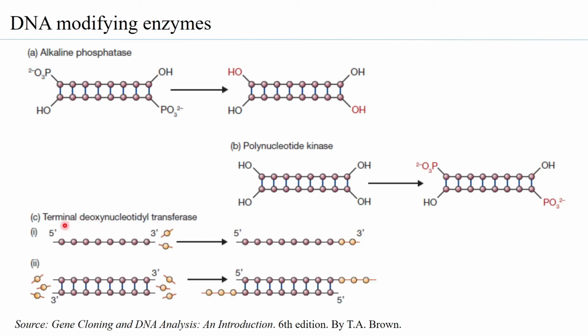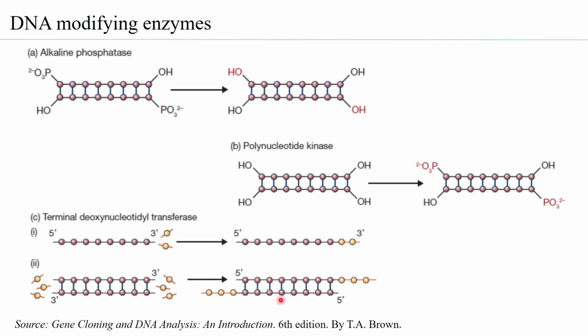One also has another enzyme that is commonly used, and that is terminal deoxynucleotidyl transferase. So as you can see, the terminal deoxynucleotidyl transferase adds nucleotides to the 3 prime end of single stranded DNA or to the double stranded DNA.